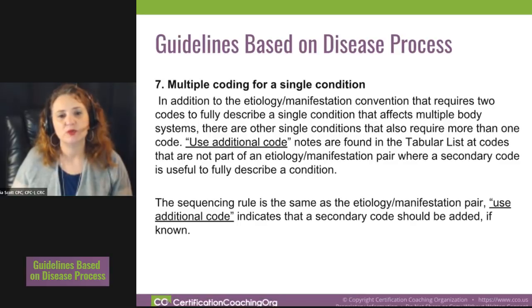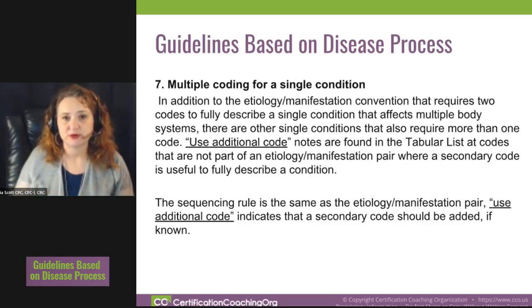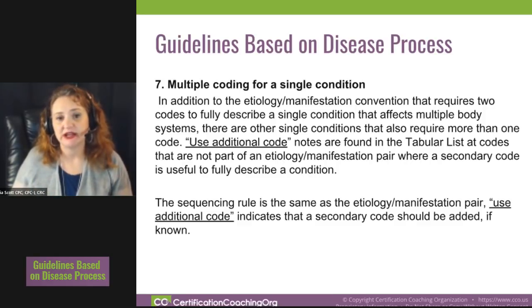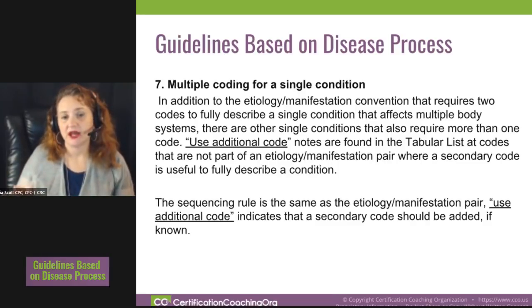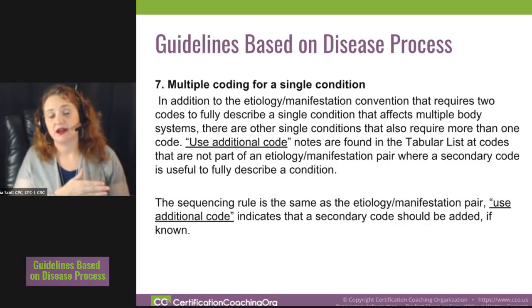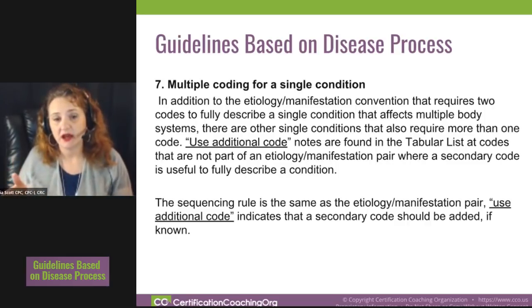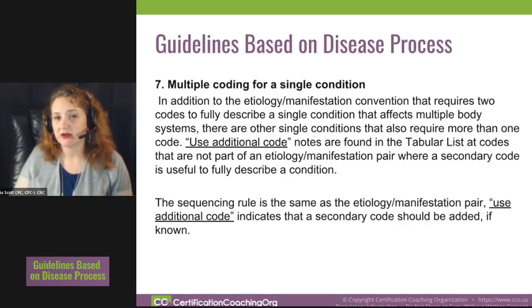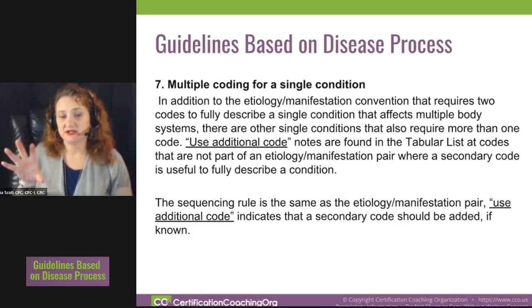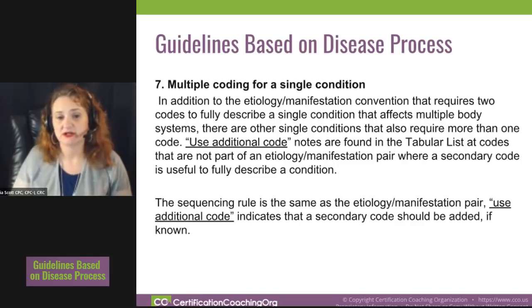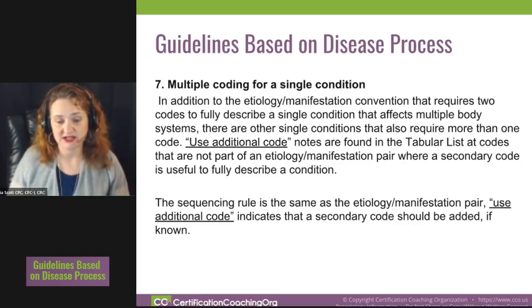What about when we have to code more than one code to give a full description? This falls under etiologies and manifestations. Now, if you need more education on etiology and manifestation, we did that in the club, or you might be able to find it on the YouTube channel where we just did a student or club webinar on etiology and manifestation.